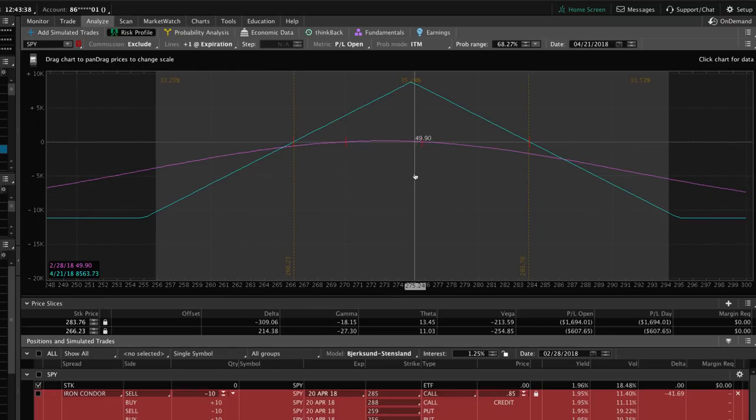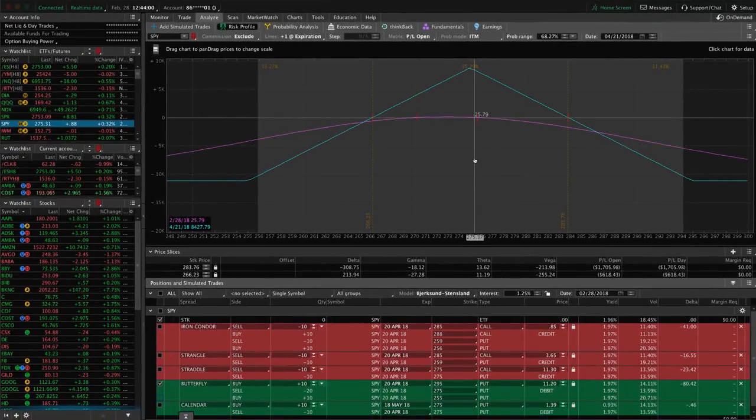So we know that if the market crashes, the most we can lose is what we enter the trade with. Now we're doing 10 contracts here, so we're looking at 11,200 as far as our max loss on both the upside and the downside. But again, we're looking to be in this trade for just a short period of time, capture some profit, and then book those profits and redeploy that capital into another high probability trade.